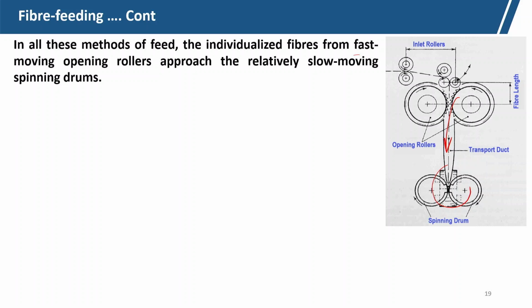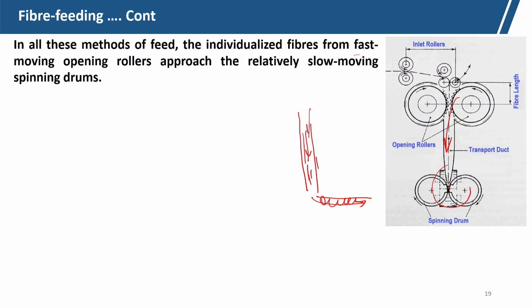The spinning drum is moving in this direction, but the fibers are moving from the opening roller at very high speed, while the yarn forming is pulled at slow speed.